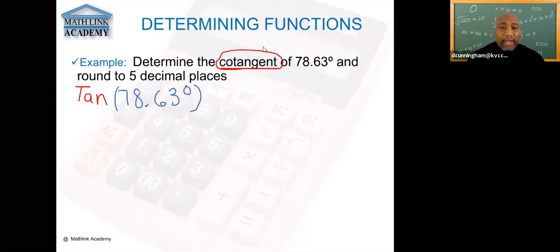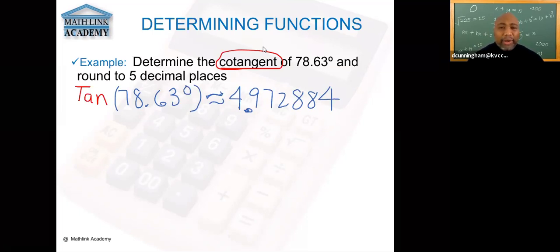This reinforces how to find angles using the big three. It's an approximation, not equal. I think it's going to be 4.972884. I believe that's the number you should have on your calculator, the tangent of 78.63 degrees.